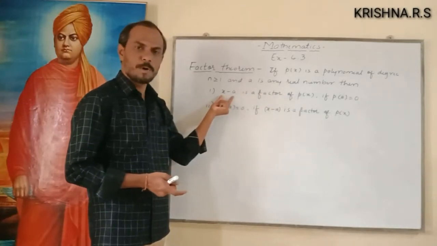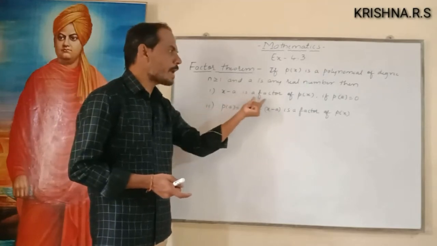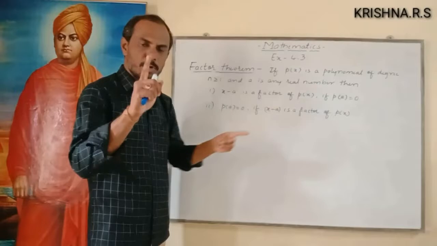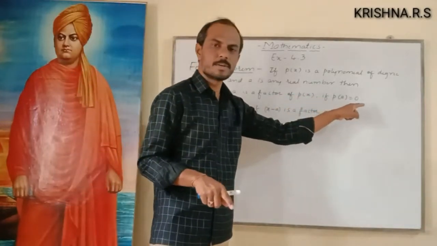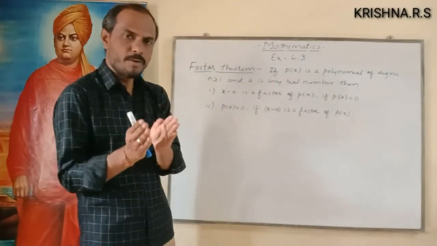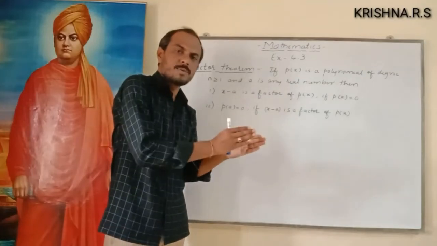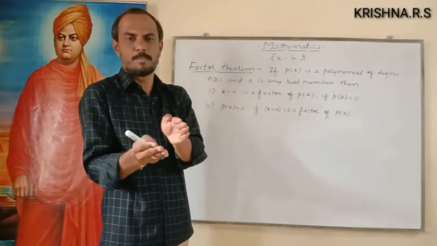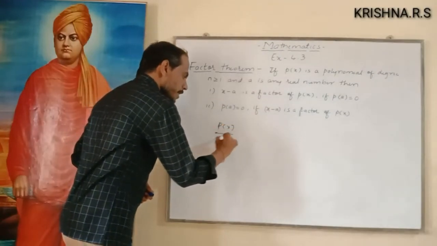This means one of the linear polynomials, x minus a, becomes a factor of p of x if and only if p of a is equal to 0. It means the remainder is 0 on dividing one polynomial by another polynomial. P of x is one polynomial, g of x is another polynomial. P of x is divided by g of x.